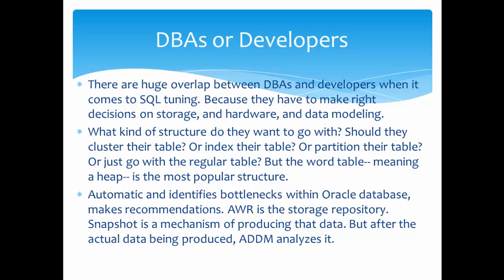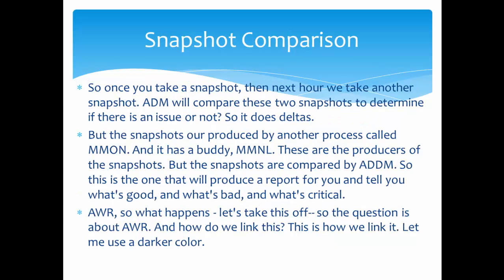Automatic identification of bottlenecks. Automation will identify the bottlenecks within the Oracle database and make recommendations. AWR is the storage repository. Snapshot is a mechanism of producing the data. But after the actual data is produced, ADDM analyzes it. So the snapshot comparison: once you have a snapshot, then next hour we take another snapshot.